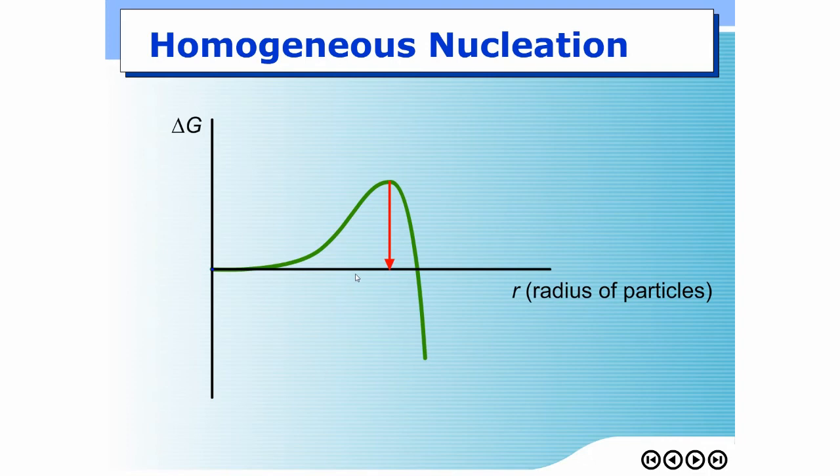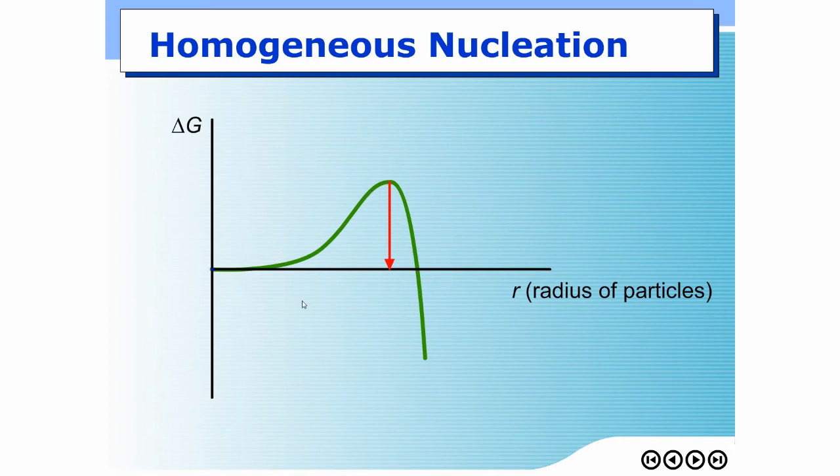And as you learn from thermodynamics, when delta G has a positive sign, the system is not spontaneous. Alright? So this range, this area, is not spontaneous.